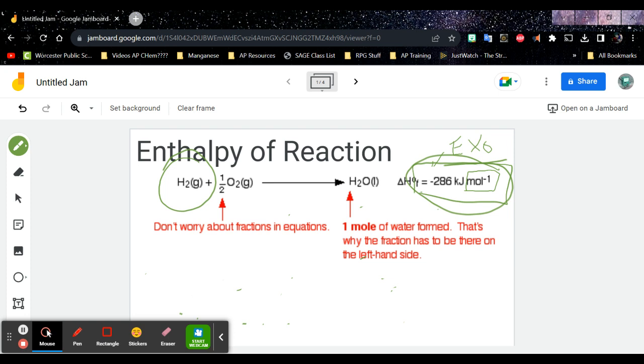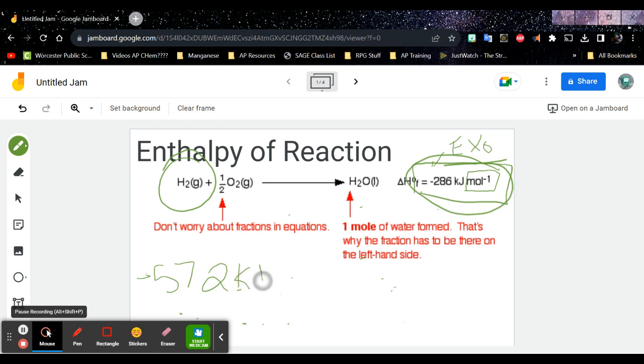Let's say we do a reaction and this much energy is released, and I want to know how much oxygen was used in this reaction.